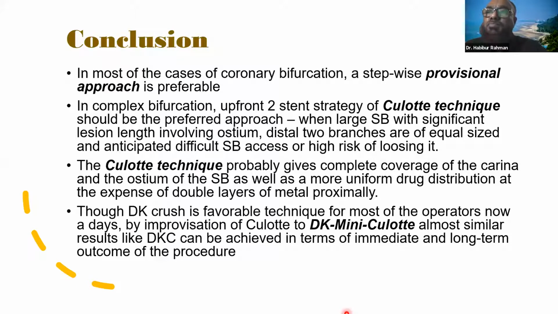The Culotte technique probably gives complete coverage of the carina and the ostium of the side branch, as well as more uniform drug distribution, at the expense of double layers of metal proximally.